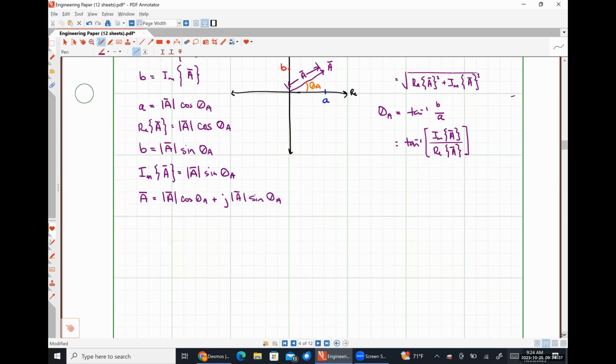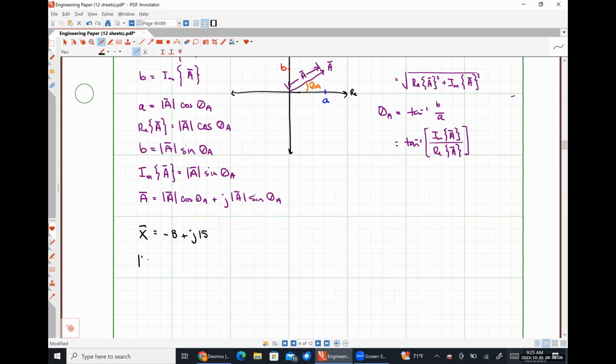So let's say that I have a complex number x that is equal to -8 plus j15. And I want to convert this complex number into polar form.